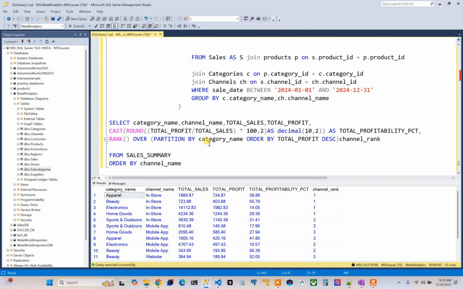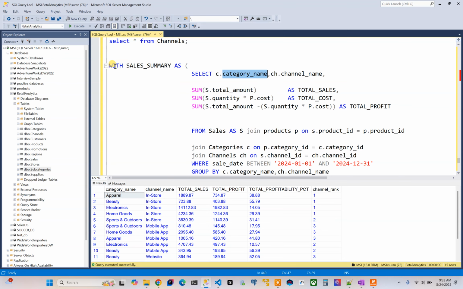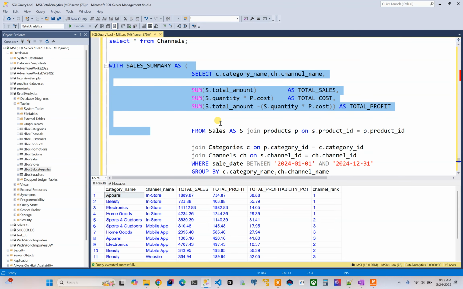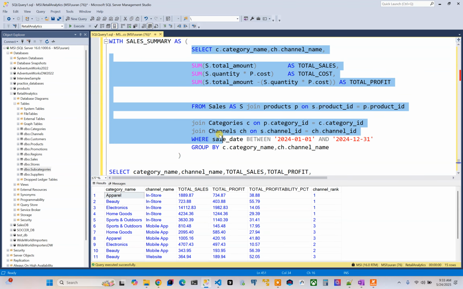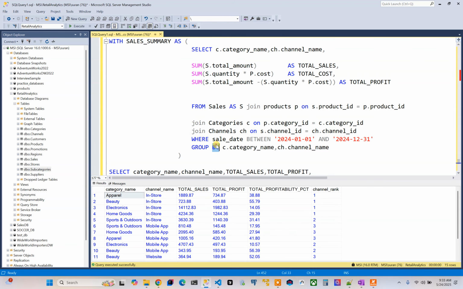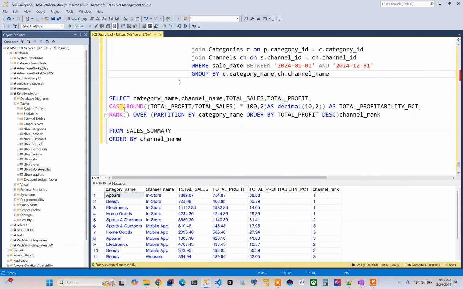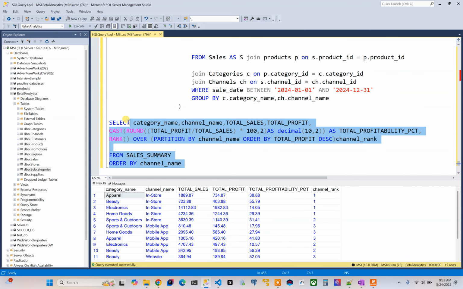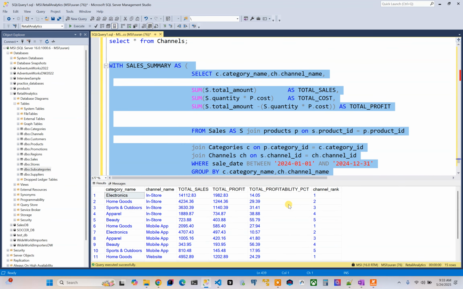For that we used the CTE method, we did aggregations, and we used the filter and group by. Then we used the rank function to give the rank based on the category name. If you want to give by the channel name, you can replace here with channel name. So you will get this rank based on the channel instead of categories.